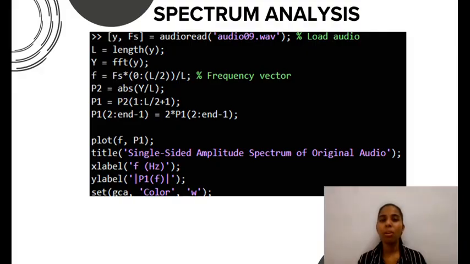The spectrum allows us to clearly identify the dominant frequency component present in the original audio signal. These figures show the single-sided amplitude spectrum of the original audio signal. The x-axis represents frequency in Hertz, while the y-axis shows the normalized amplitude.